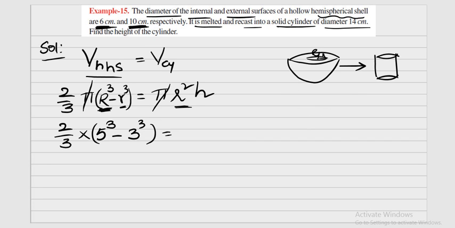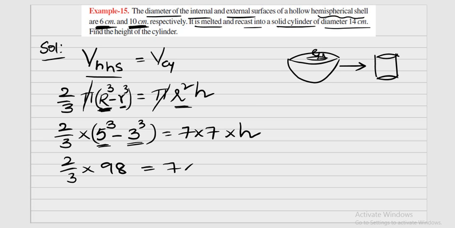But here the diameter of the cylinder is given, which is 14, so its half is 7, so 7 into, since I need to find the height of the cylinder, h. Now this is 2/3 into 5 cube, which is 125, minus 3 cube, which is 27.